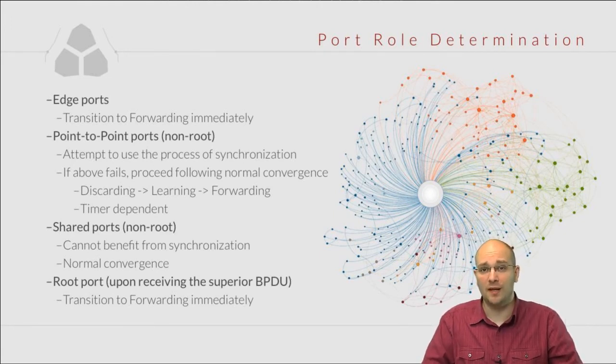The port that will become the root port on the switch will simply transition to forwarding state immediately. It will not go through the normal convergence process of going through the discarding and learning phases of rapid spanning tree.